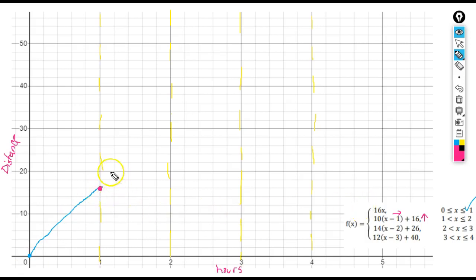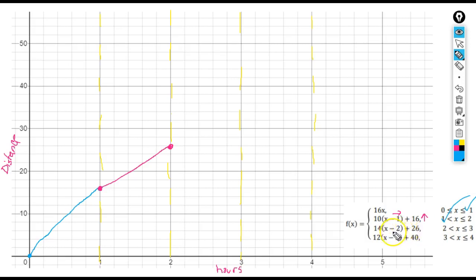Our slope is 10, so we want to go up 10 and over 1. 2, 4, 6, 8, 10, and over 1. This gives us our second piece of the graph. They almost look like a straight line. This one's just a little less steep. Now I can check that one off my list and move on to my third piece.